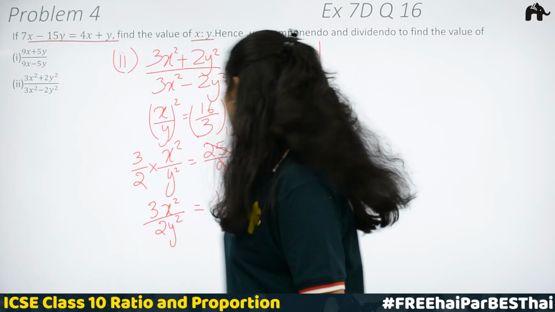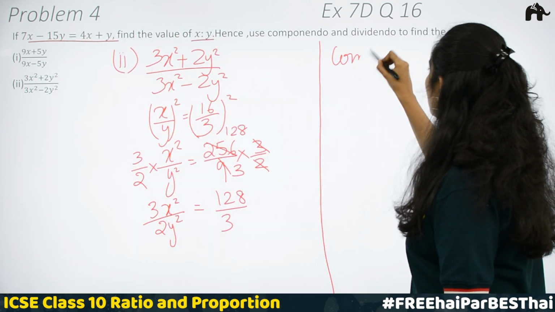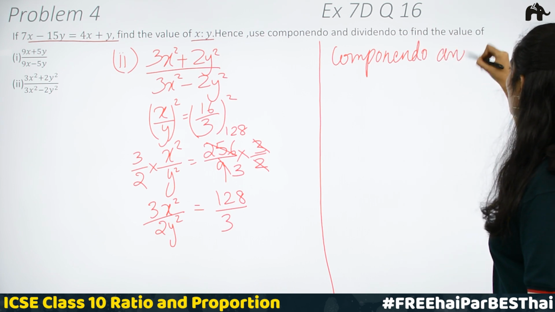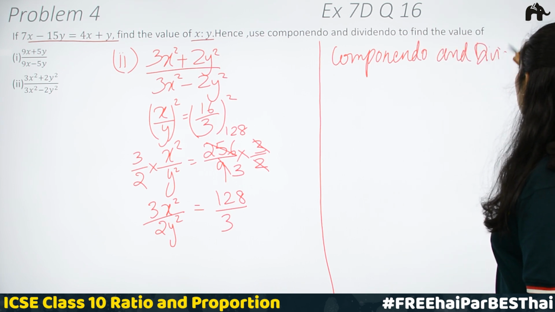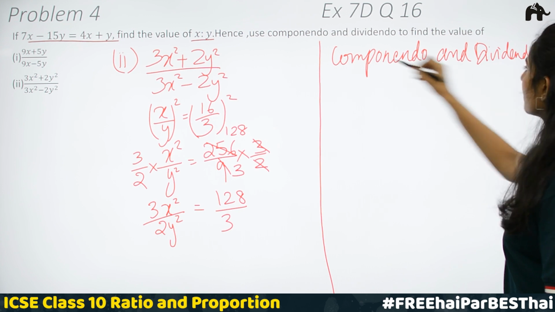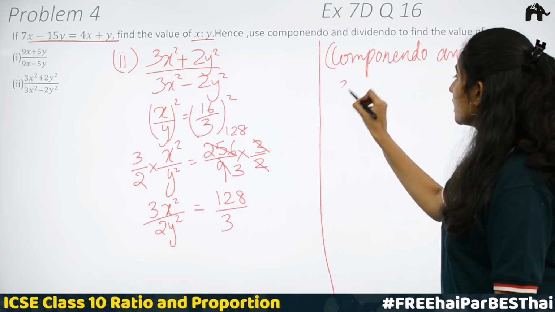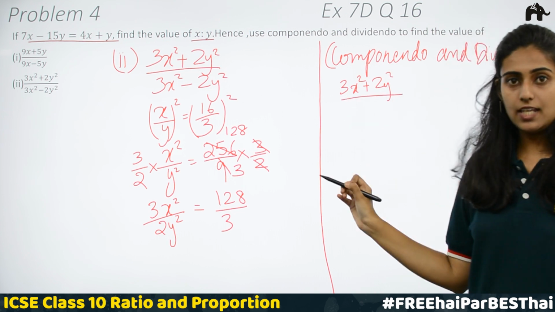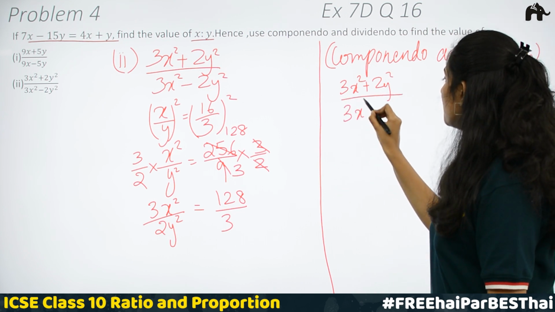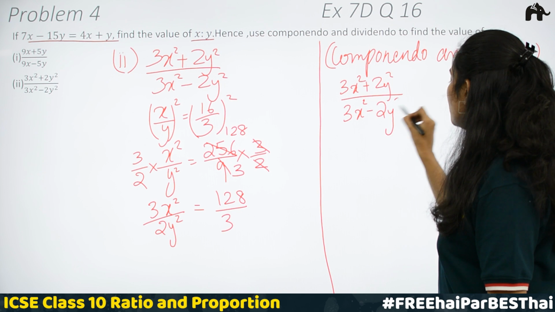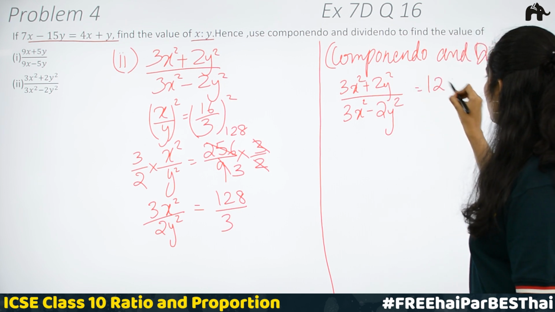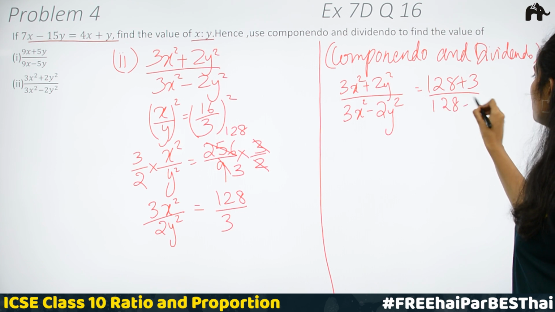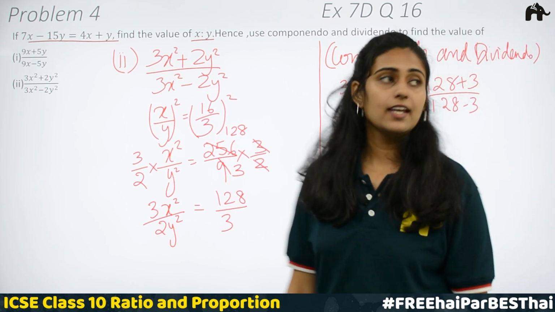Now applying the componendo and dividendo property, we get 3x square plus 2y square divided by 3x square minus 2y square is equal to 128 plus 3 divided by 128 minus 3. Okay.